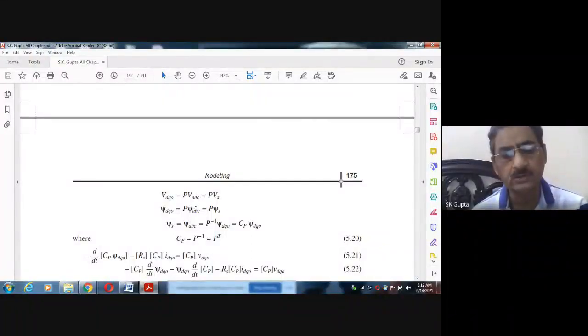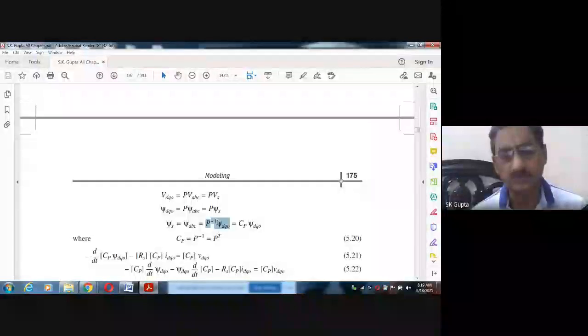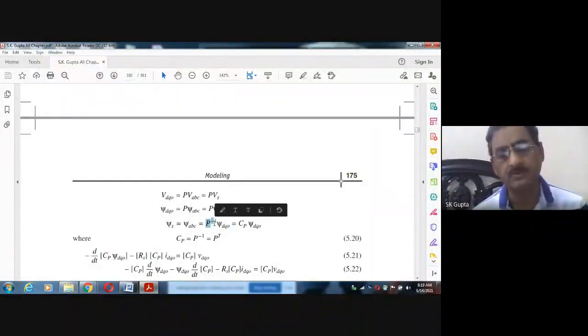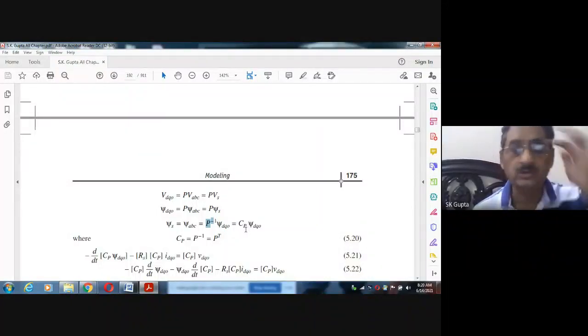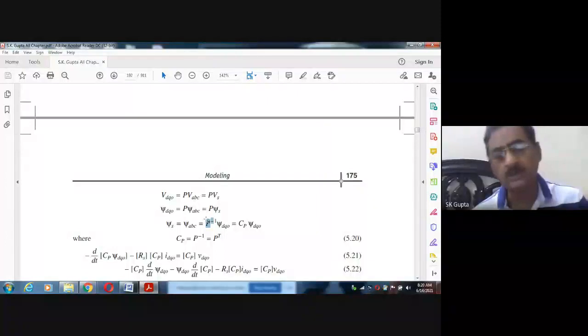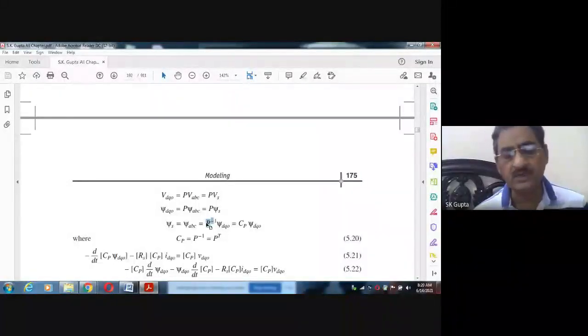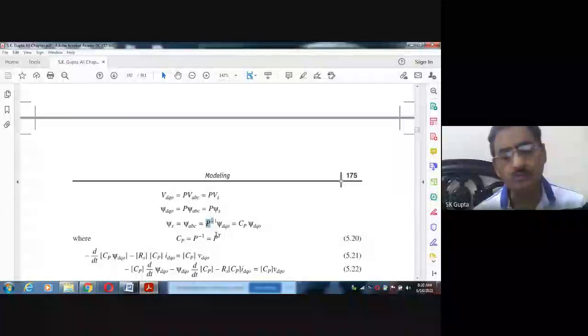So from here, psi ABC is P inverse of psi dq0. Let us consider this for simplicity; otherwise, you would have to write P inverse every time. In place of P inverse, you write Cp. We have written another notation here. It is Cp, and either if you take the inverse of P or the transpose, it is the same, because it is a symmetric matrix. So the inverse and the transpose are the same.